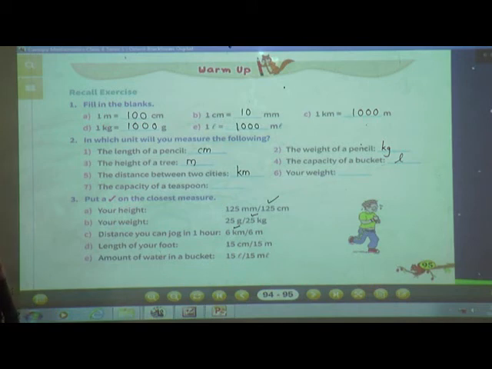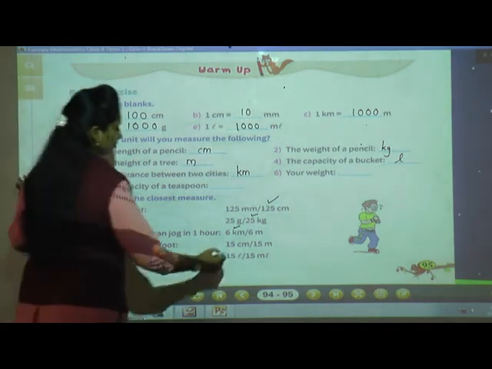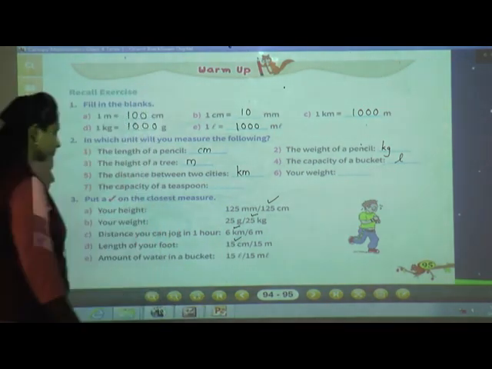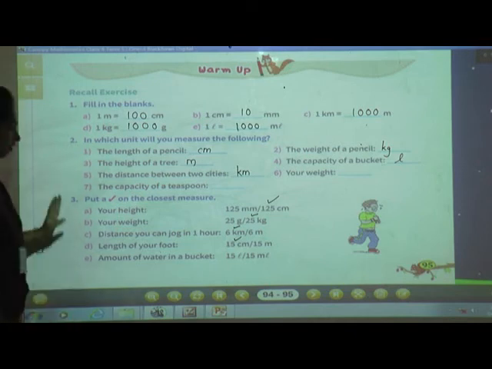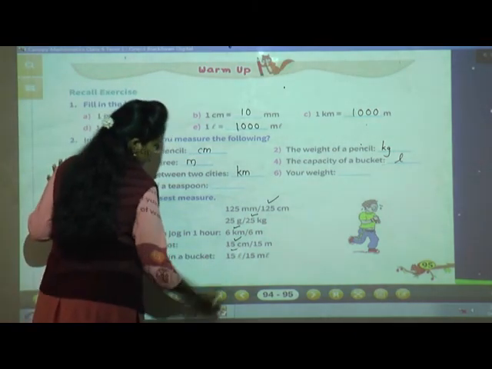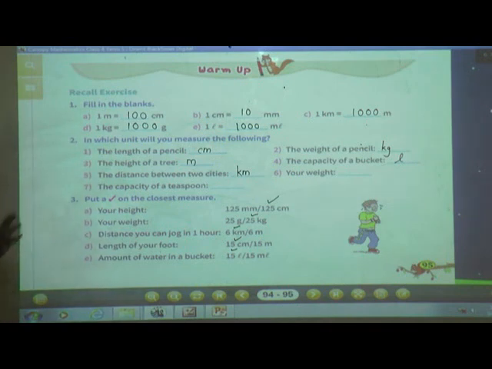Tell me. Of course, in centimeter only. Now the next, amount of water in the bucket. Liter or milliliter? See, milliliter means very less. Liter. The bucket is very big. Capacity is more. So we measure in liters.